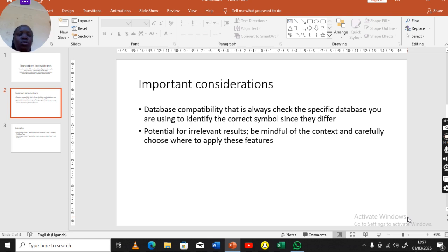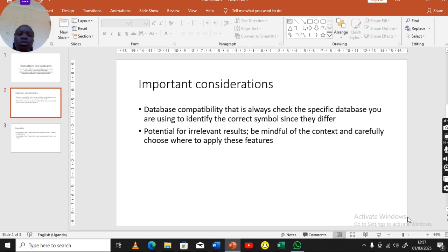Then you can use wildcards when you want to find variations in spelling due to different dialects or regional variations, or when you need to search for a word when one letter might be different. That is basically when you can use wildcards. Then another important consideration: you should always check the database-specific symbols, and watch out for overbroad results.